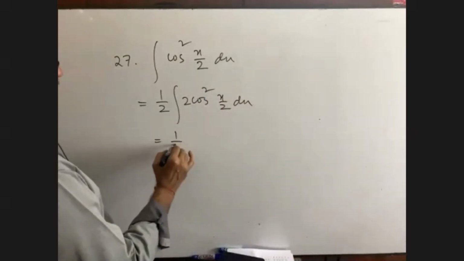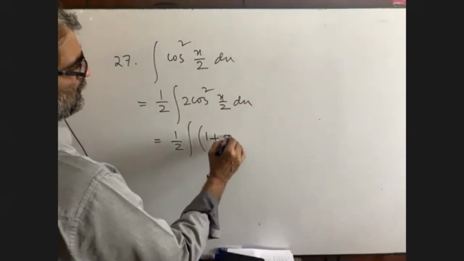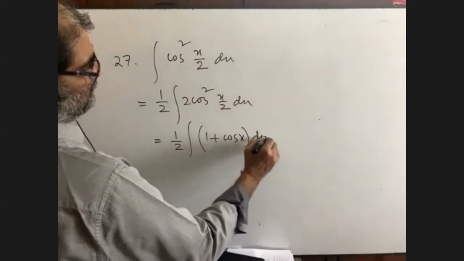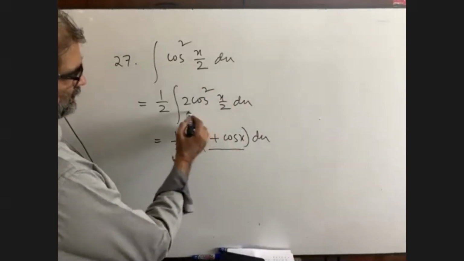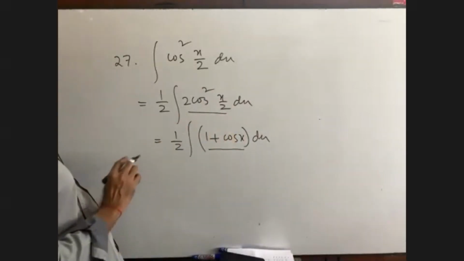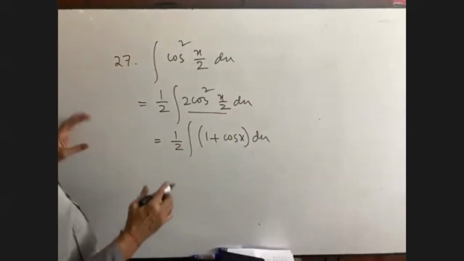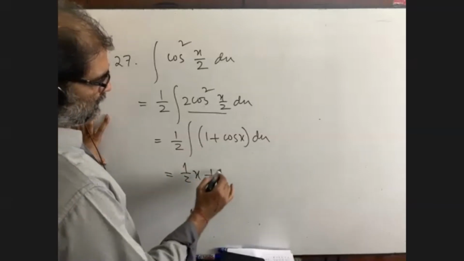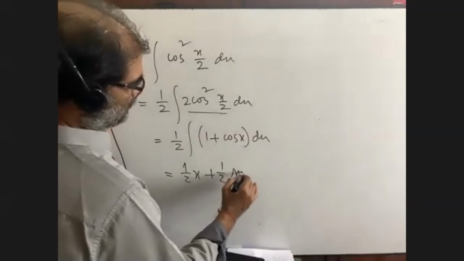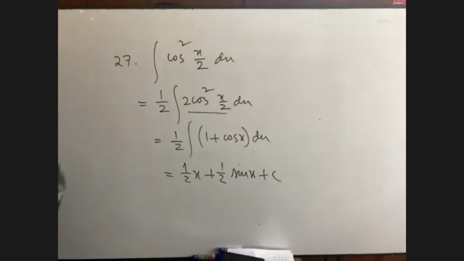Who can tell me? 1 plus cos x, right? Its formula is this. Perhaps you have forgotten trigonometry. Not a matter. So we are getting half x plus half sin x, then plus c.